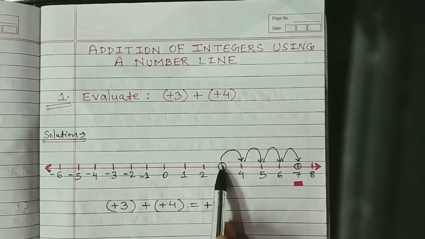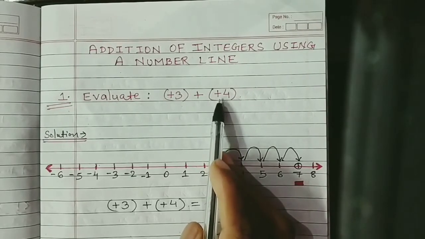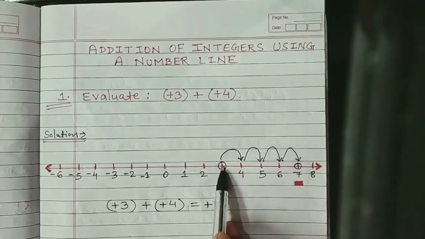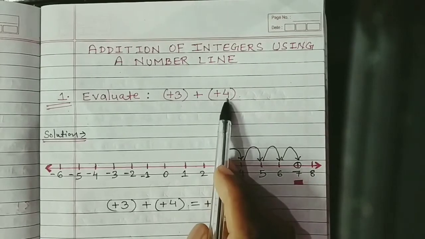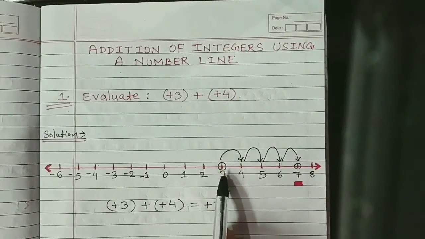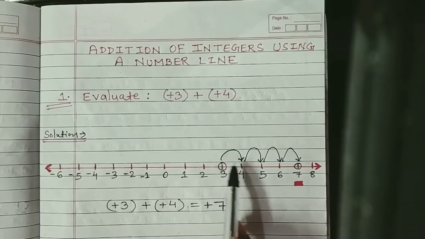Clear? Anyway, here the second integer is positive, so we are going to move to the right side from this place. How many steps? 4 steps. Here the number 4 is written, so we have to move right side from this place 4 steps.